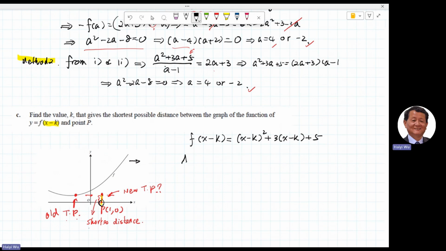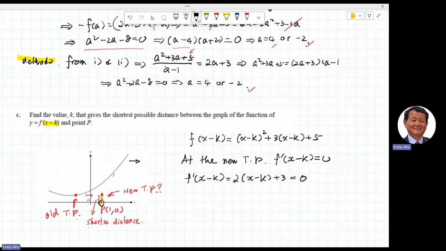So at the new TP, f dash of (x minus k) must be equal to 0. Differentiating, we get 2(x minus k) plus 3, because differentiating x minus k with respect to x gives 1, and 5 gives 0. We want to make it equal to 0.